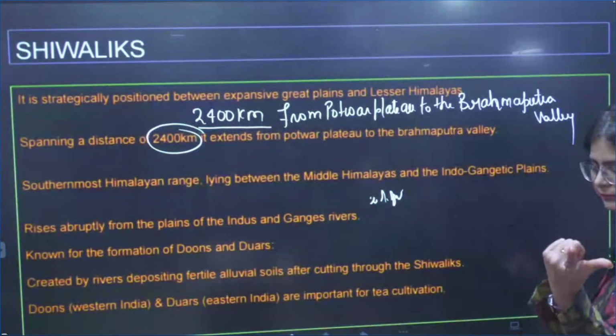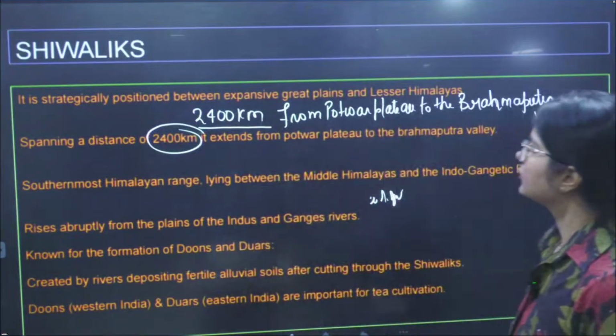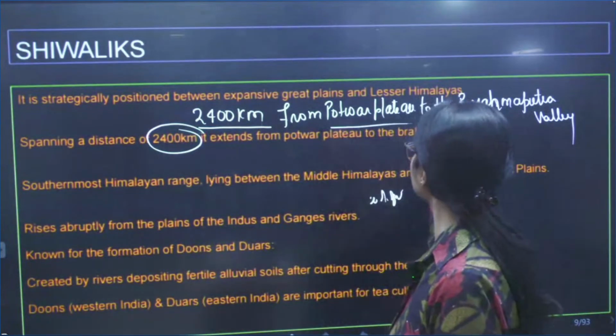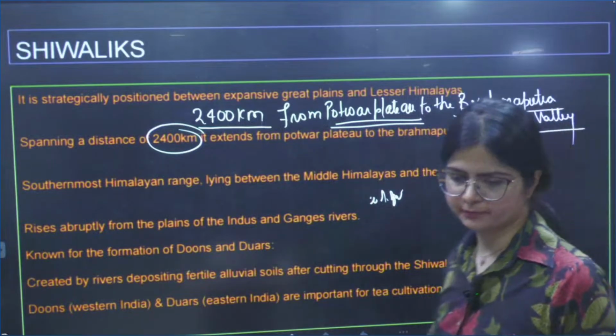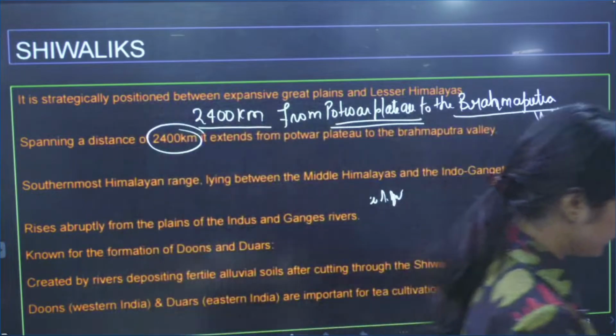It's in Pakistan. Okay. So spanning a distance of 2,400 kilometer from Potwar Plateau to Brahmaputra Valley.